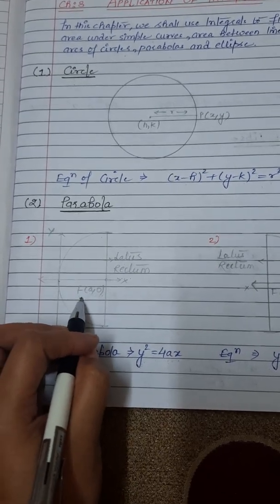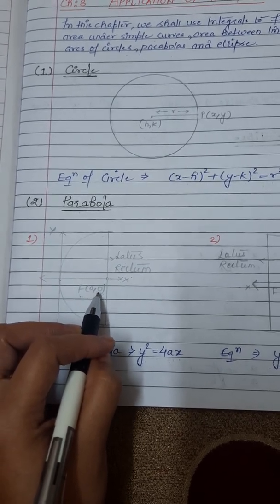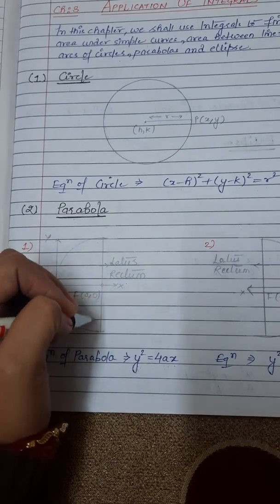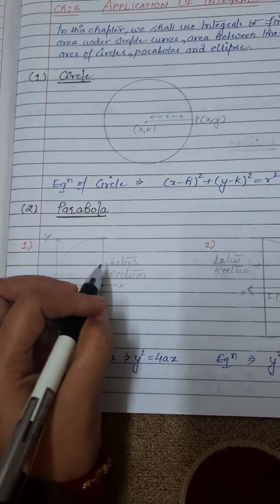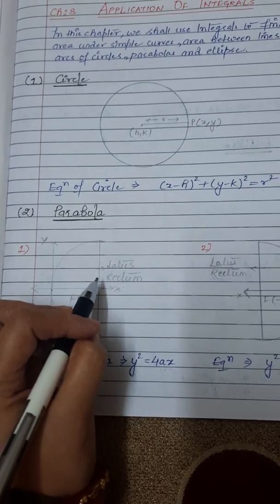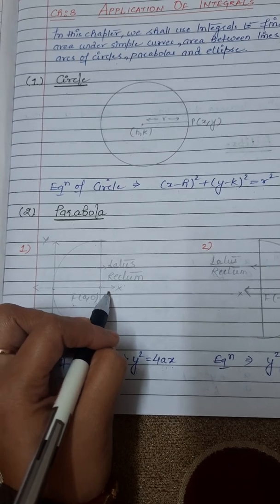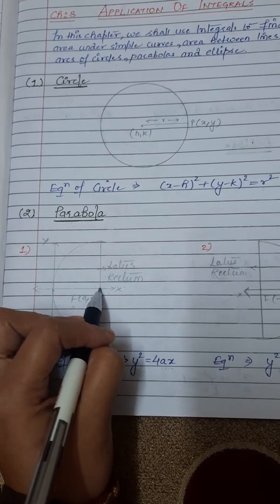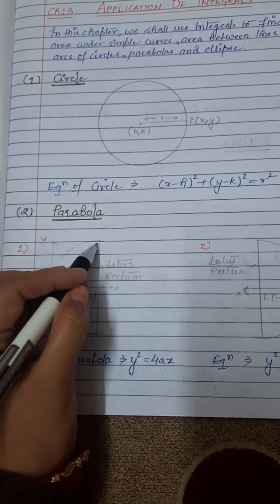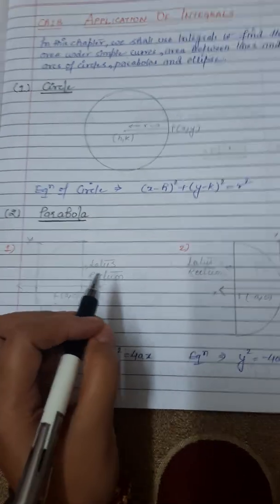F is the focus of the parabola, whose coordinates are (a, 0). You can see the straight line here. This straight line is known as latus rectum, a line which is perpendicular to the x-axis, passing through the focus and touching the endpoints of the parabola.